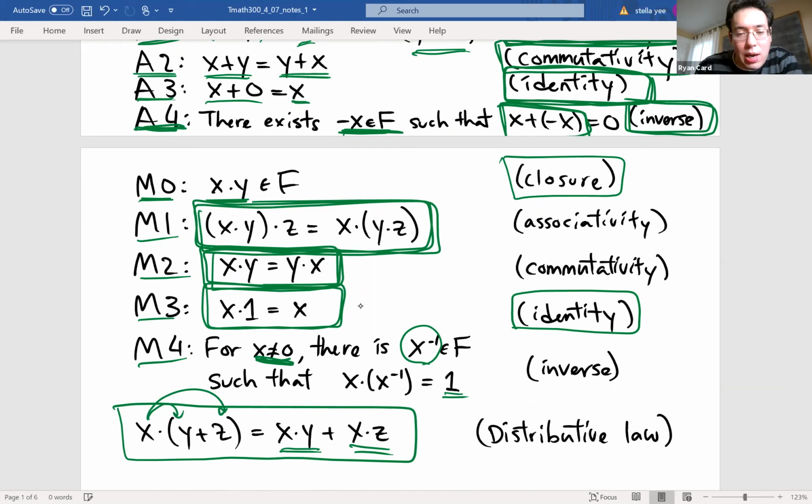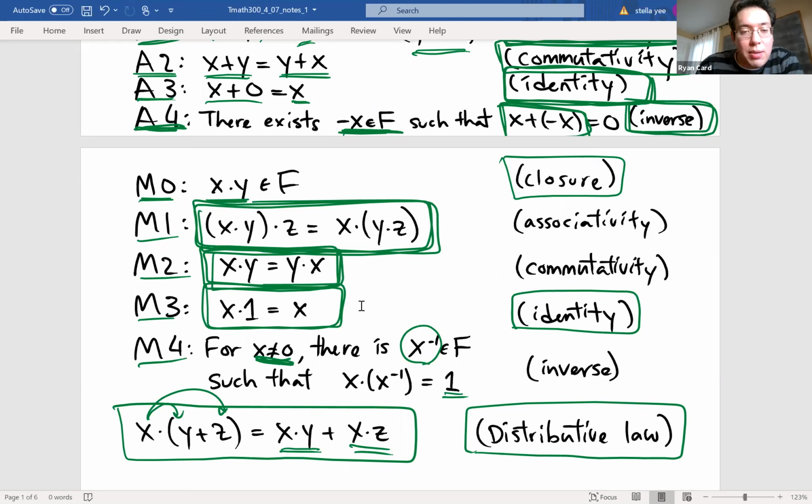So x times y plus x times z, and then you add it afterwards. Right? So this is something that we kind of take for granted ever since we learned it in algebra class, but we need to take it in as an axiom for fields.